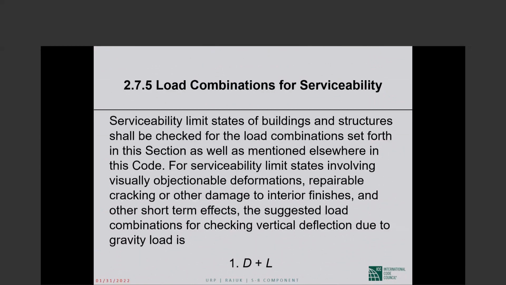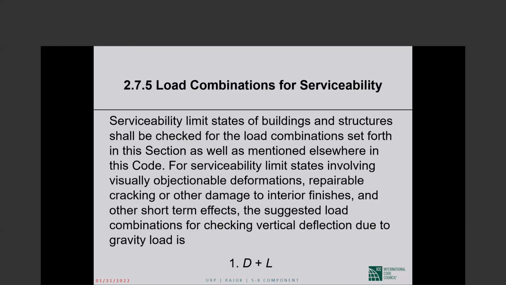Okay, that brings me to load combinations for serviceability that I mentioned is in the code. So now let us get into that. Serviceability limit states like acceptable deflections, cracking, and so forth. Serviceability limit states of buildings and structures shall be checked for the load combinations set forth in this section, as well as mentioned elsewhere in the code.